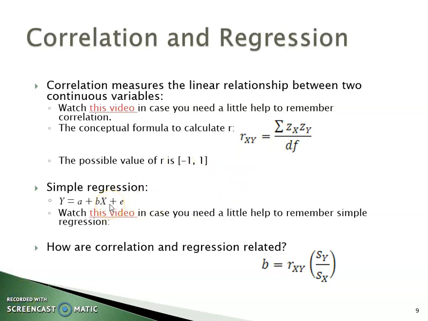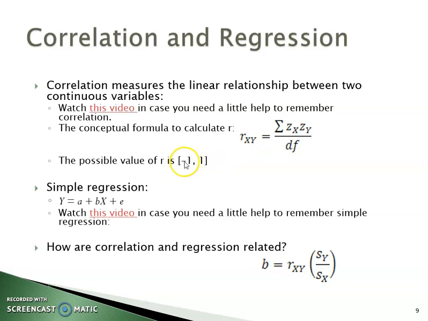The possible correlation value is somewhere between -1 and +1. The closer it is to 0, the weaker the relationship between the two variables. The sign of the correlation value only tells you the direction of the relationship.